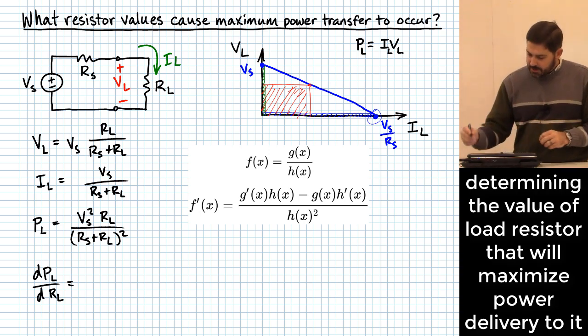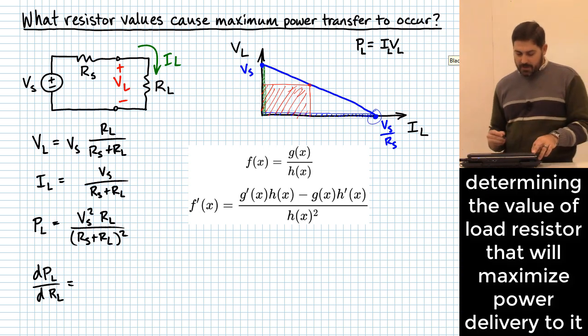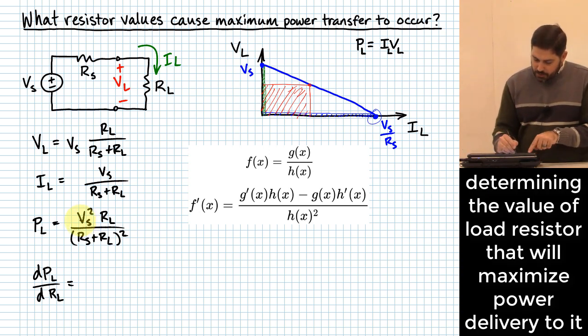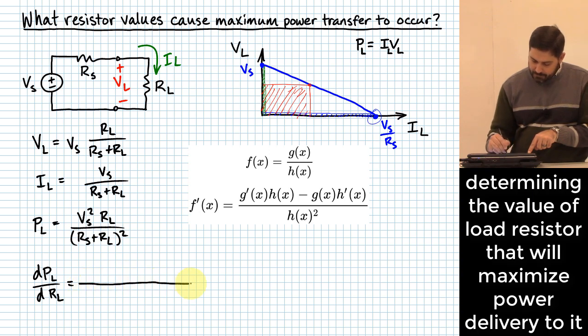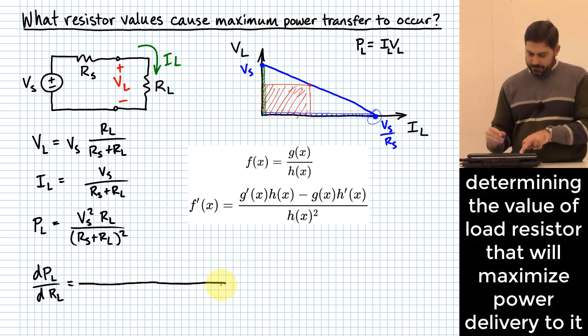So here's what that looks like in this case. Okay. What's the derivative of the numerator of PL, this PL equation here? Is VS controlled by RL? It's just, with respect to RL, VS is just a constant, right?